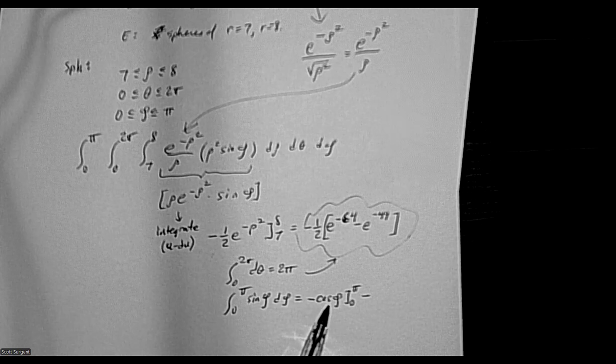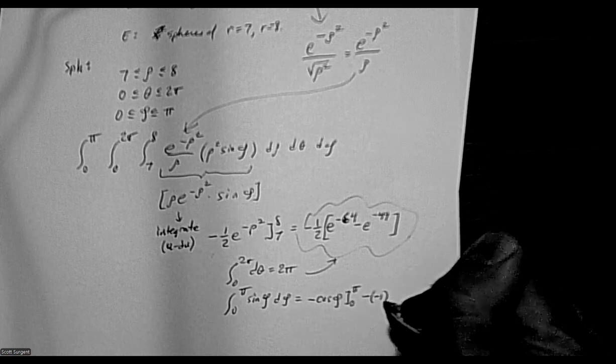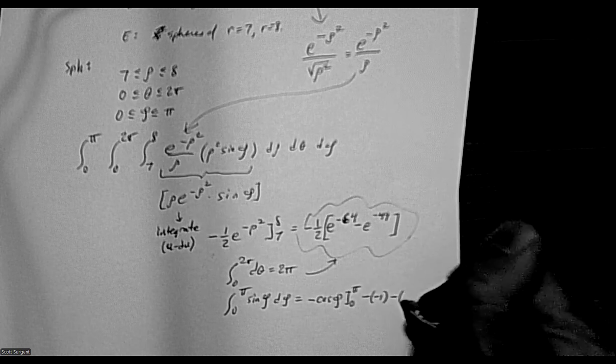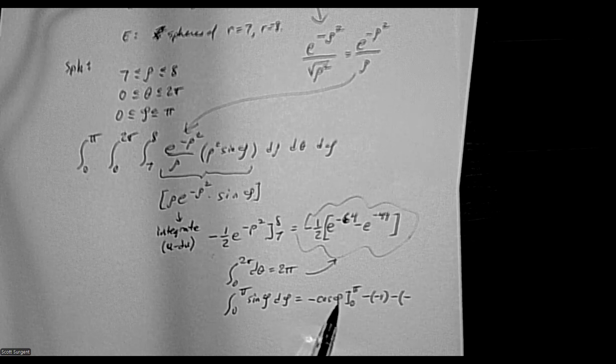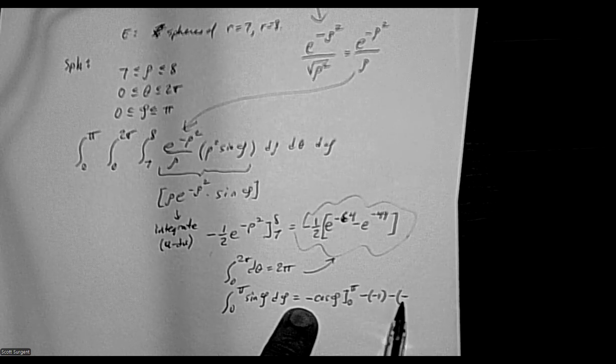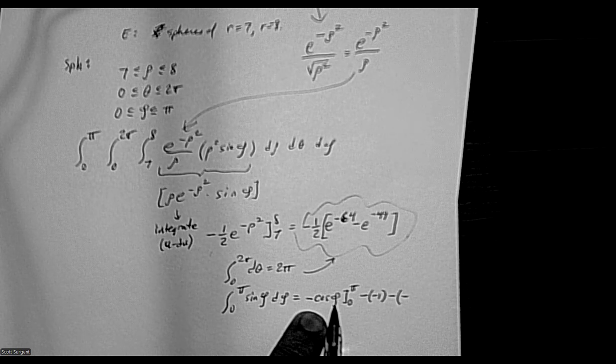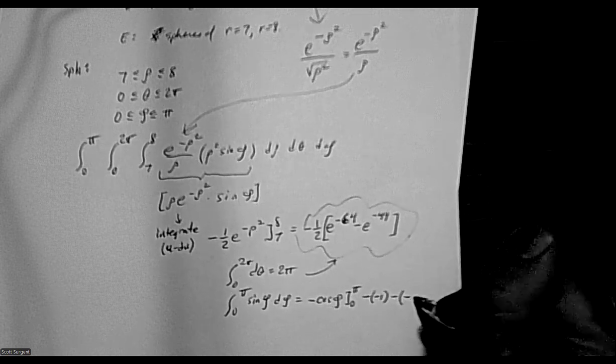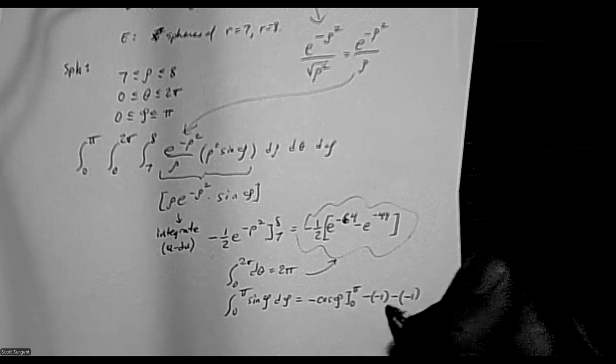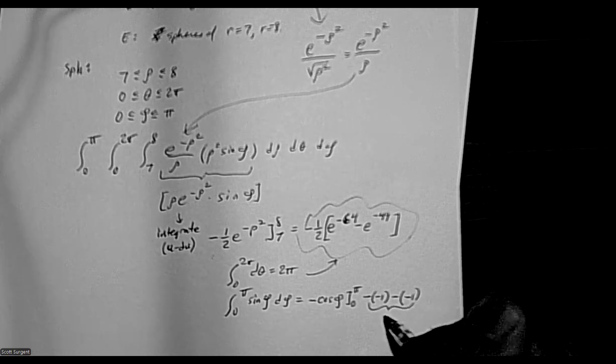Negative, and then cos phi is actually -1 minus negative, and then when I put a 0 in, so this negative here is this negative here, and I put a 0 in, I get 1. So it looks like I get 2. All this is just 2.